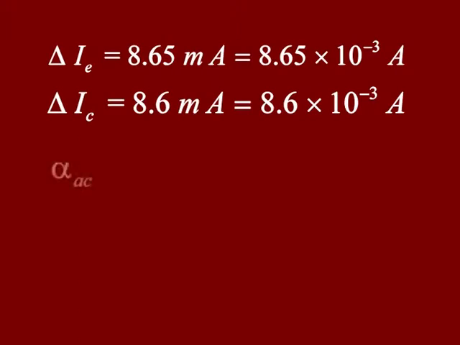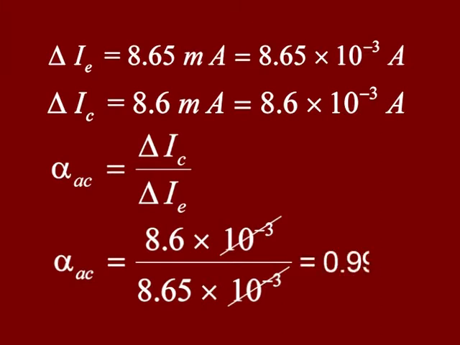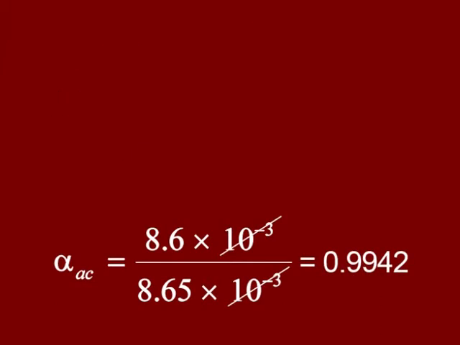We know that alpha AC is equal to delta IC upon delta IE, that is 8.6 into 10 raised to the power minus 3 upon 8.65 into 10 raised to the power minus 3, which is 0.9942.